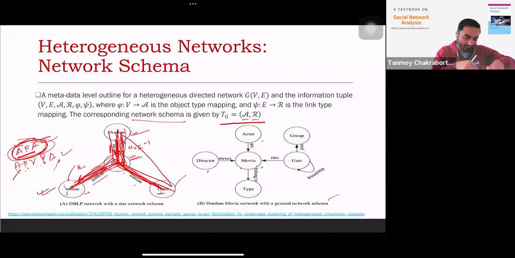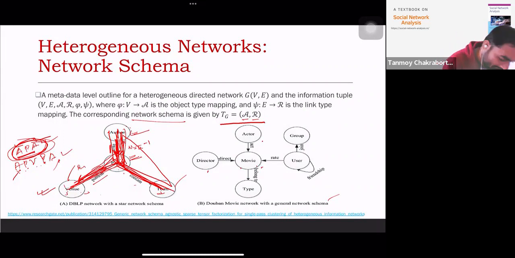There's another instance: if Mr. A has written a paper Z, and Z has also been written by Mr. P, this is another instance of APA. So you find all possible instances of type APA from the original graph. When we fix the metapath, you can easily search for all instances of that type, and that is the target.